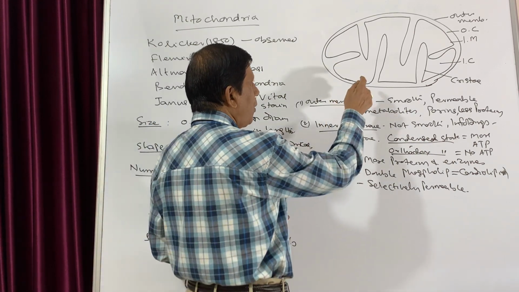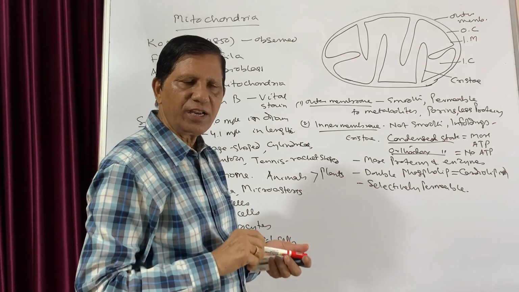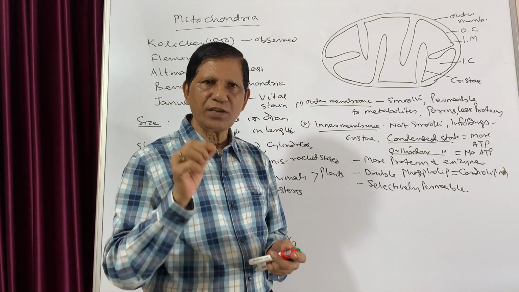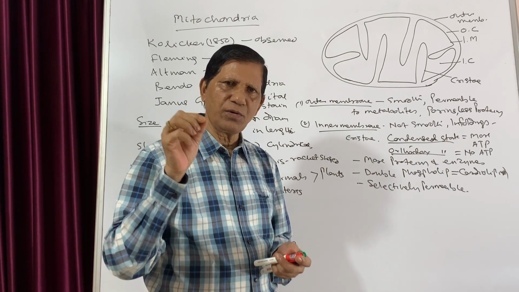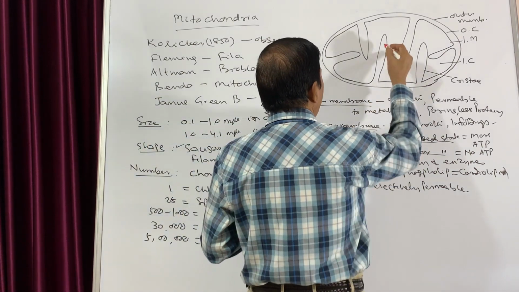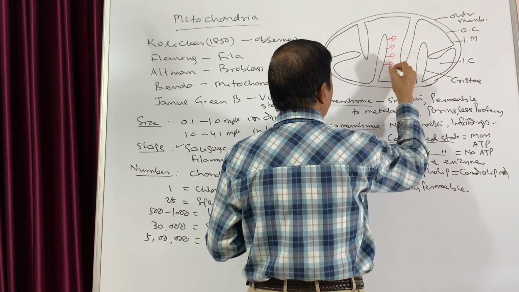Now, on the inner side of the inner membrane, that means in the cristae, there are some pinhead-like structures known as oxysomes or F0F1 particles, also known as Fernandez-Moran particles.